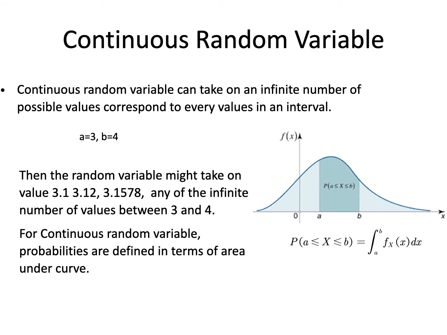For example, we might have a random variable that takes on any value between 3 and 4, and our random variable might take on the value 3.1 or 3.12 or 3.1578 or any of the infinite number of values that come between 3 and 4.